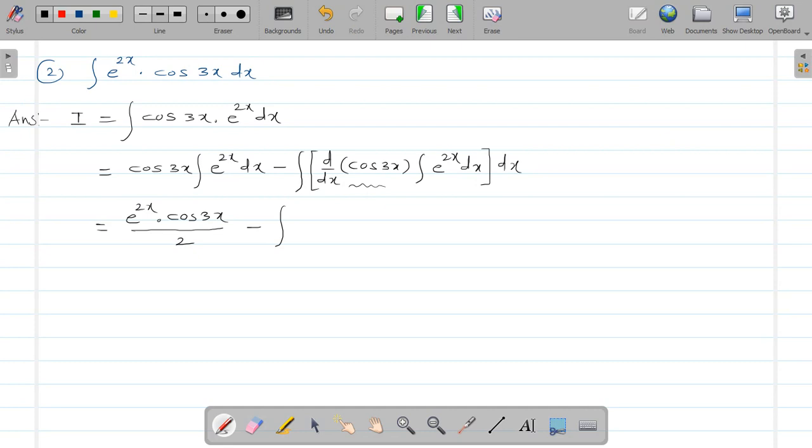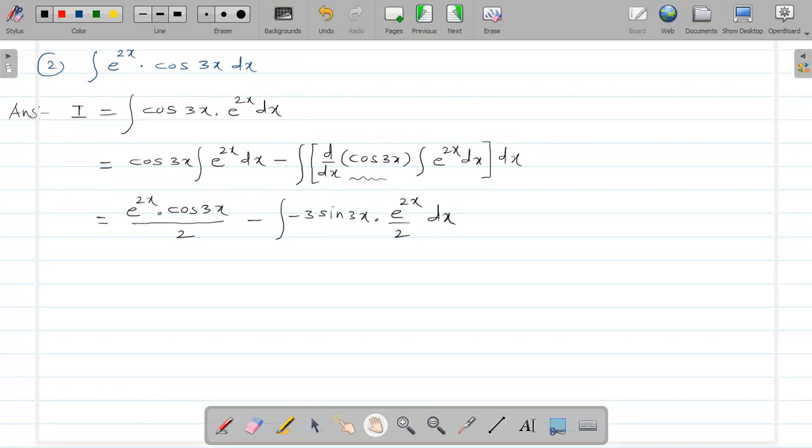The derivative of cos 3x is actually minus sin 3x, and by the chain rule we take the derivative of 3x, so it will be minus 3 times sin 3x, into the integration of e raised to 2x, which is e raised to 2x upon 2. Now see this carefully. The derivative of cos 3x is minus 3 sin 3x, into e raised to 2x upon 2. Now again rearrange the step.